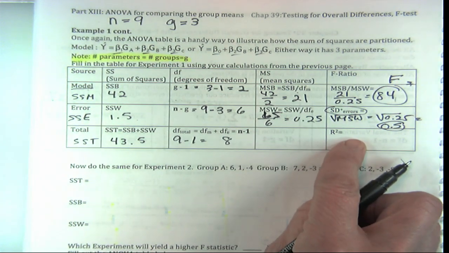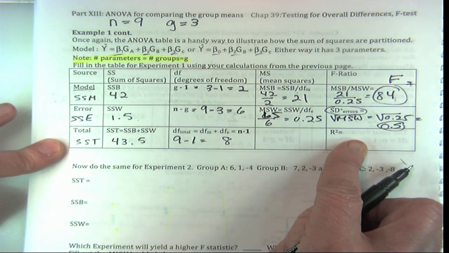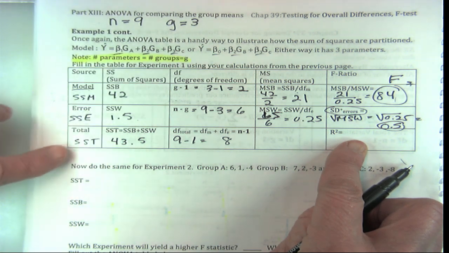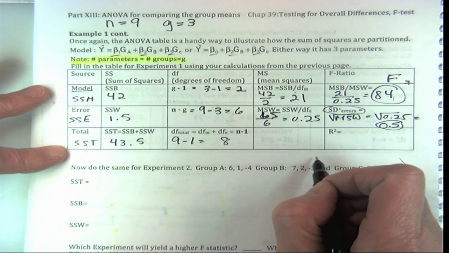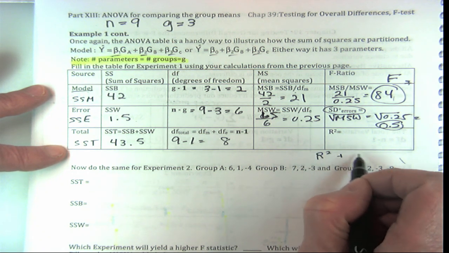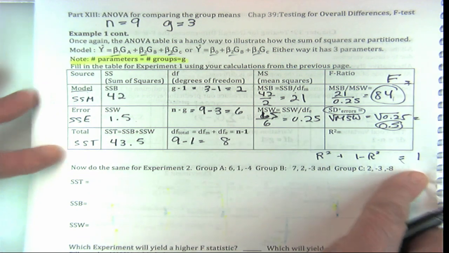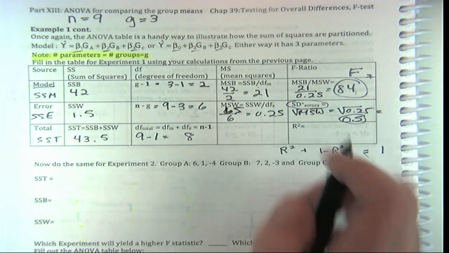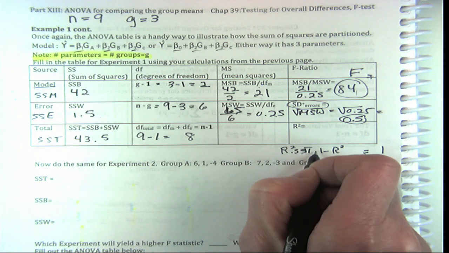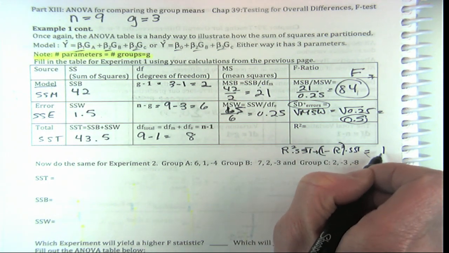And what's R squared? Well, we can use R squared the same way we did before. The sum of squares model and the sum of squares error is equal to, how are you going to remember? Well, this is a tautology: R squared plus 1 minus R squared is equal to 1. But R squared times SST plus 1 minus R squared times SST is equal to 1 times SST.